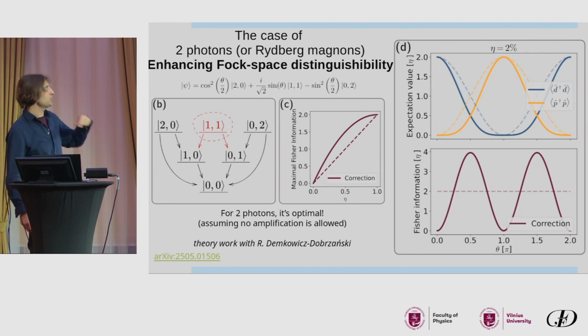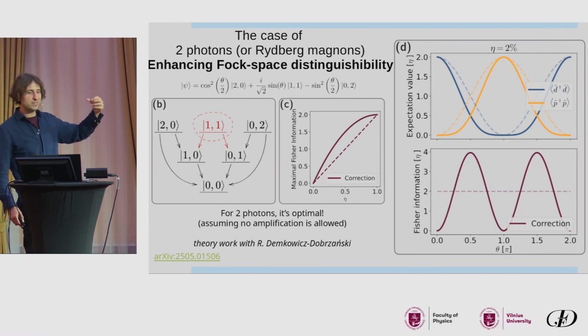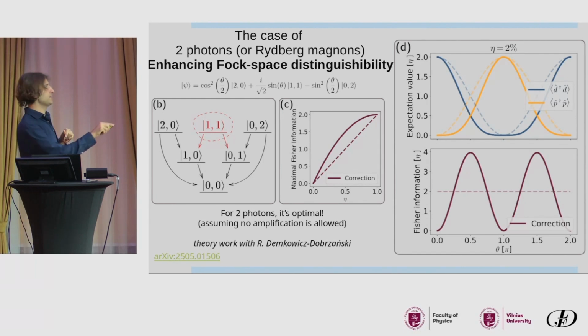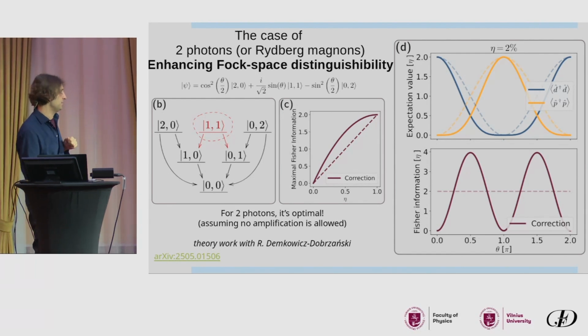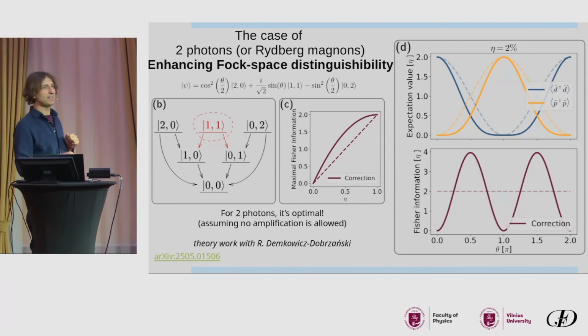Now our interaction will decohere the terms which involve both states. So the 1, 1 term gets decohered and removed. And it turns out that is an excellent thing for metrology, because when losses are involved, and there are always losses in this system, this term decays to 1, 0 and 0, 1, and thus generates noise.